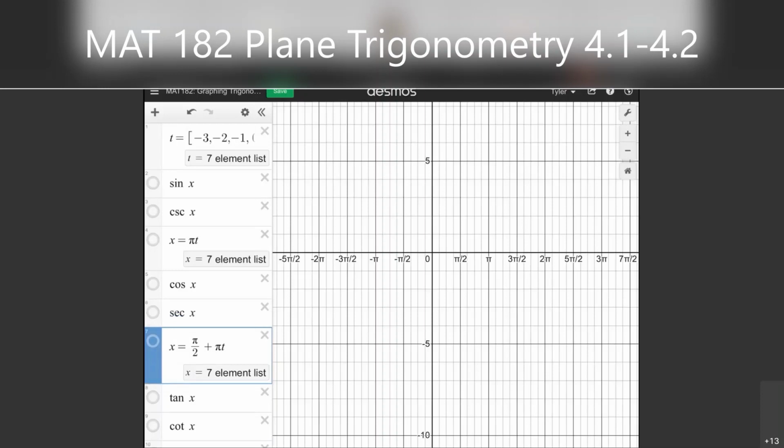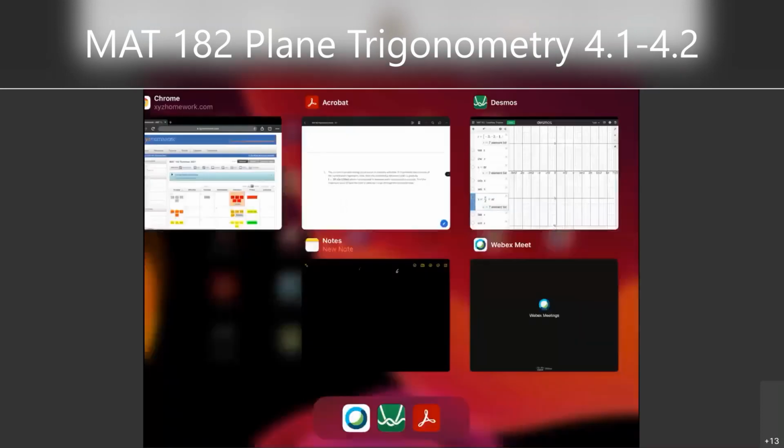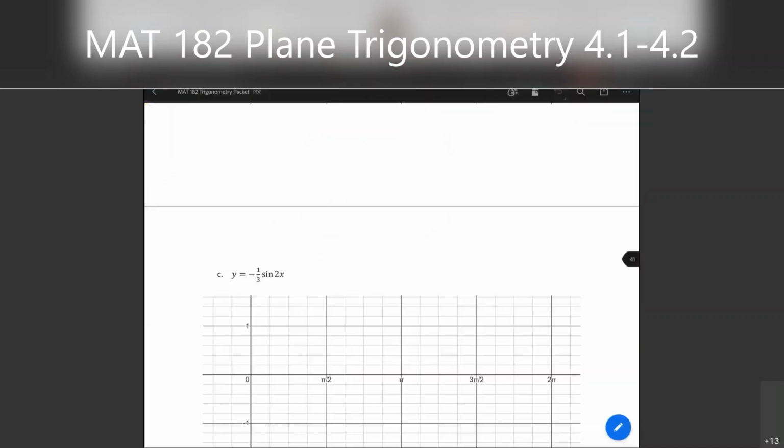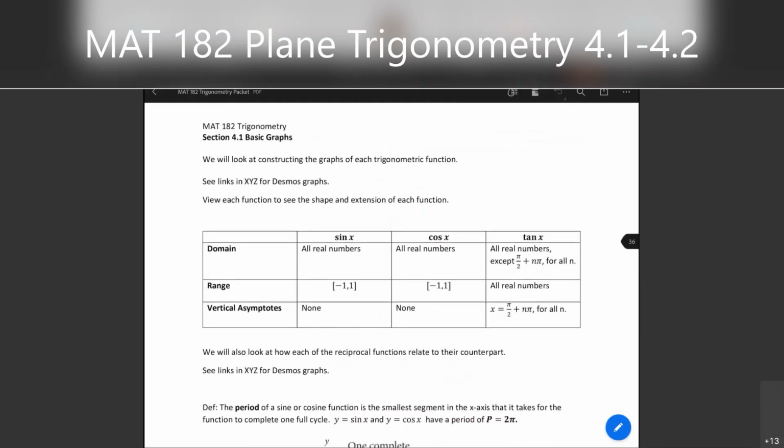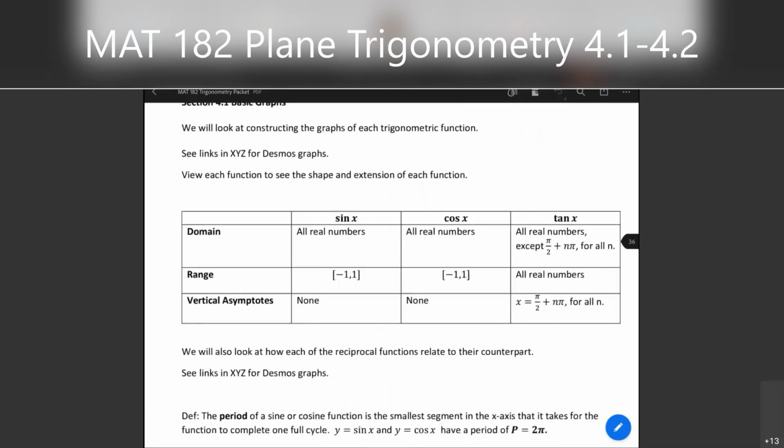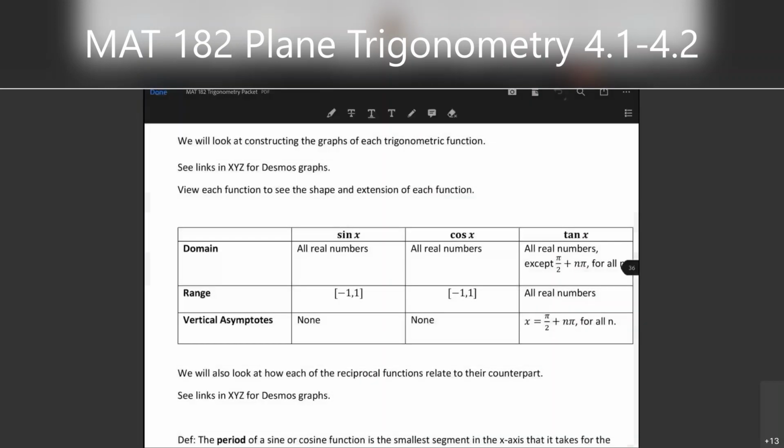Sounds good. All right, so let's take a look at our notes to get started. We will start by taking a look at some properties here, with some terminology for our basic trig functions. So in terms of our domain and range and vertical asymptotes, our domain for both of our functions, that means all the possible inputs for sine and cosine, we'll notice is all real numbers.